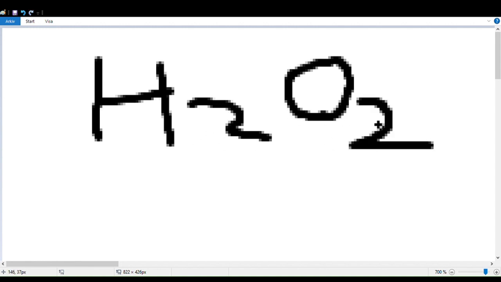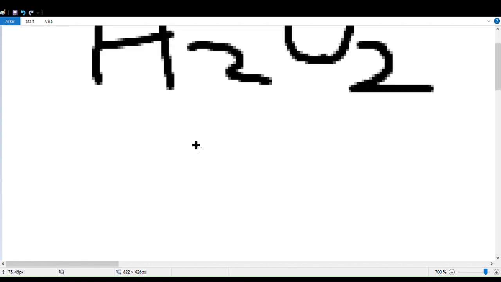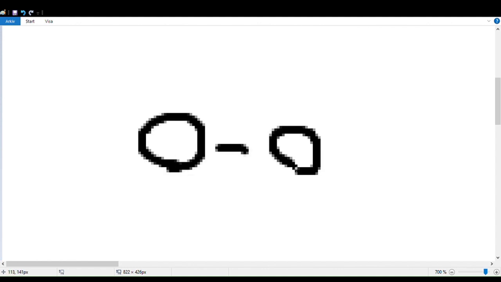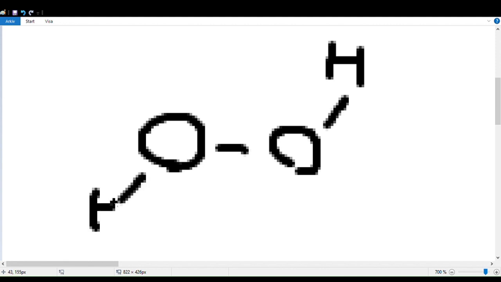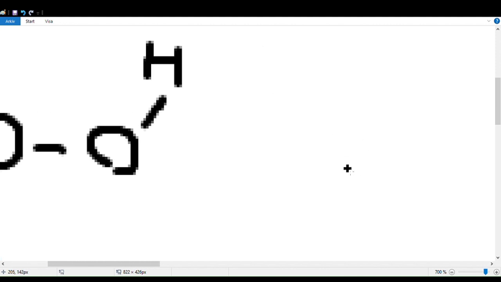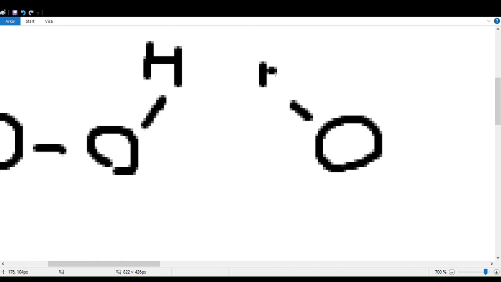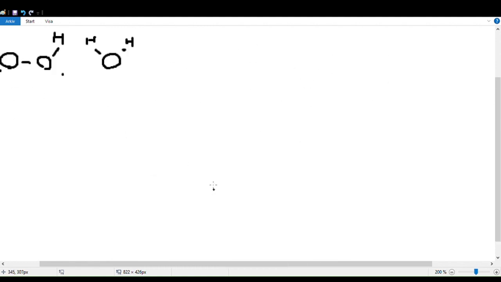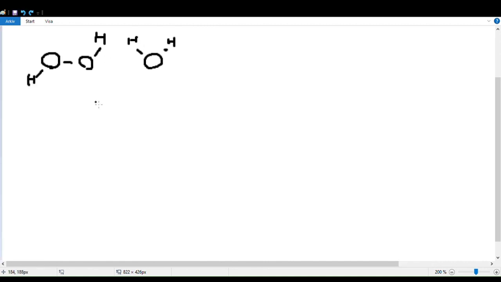Hydrogen peroxide is just water but with an extra oxygen, and it looks like this instead. It is a weird looking molecule. Water, as an example, just looks like this. I think I used to draw it like that when I was younger, but that's wrong, so don't do that.